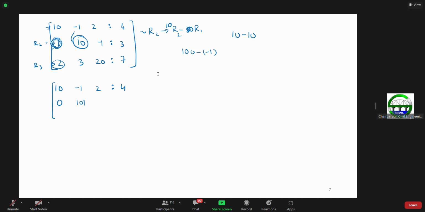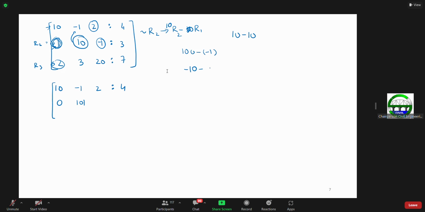Okay, 10 R2. And then again, this will be equal to minus 10 minus R1.